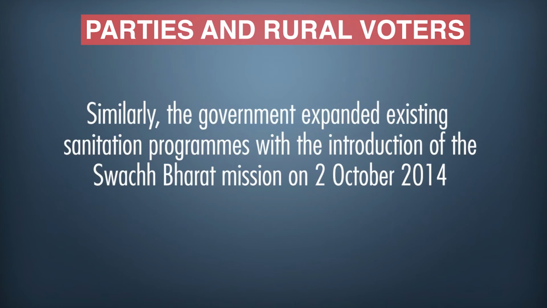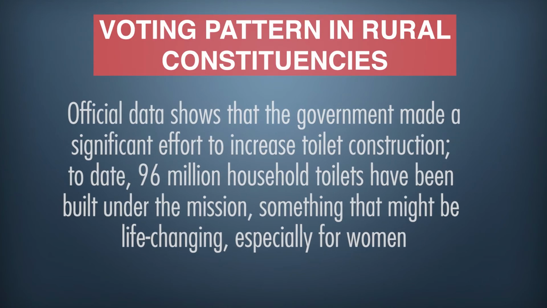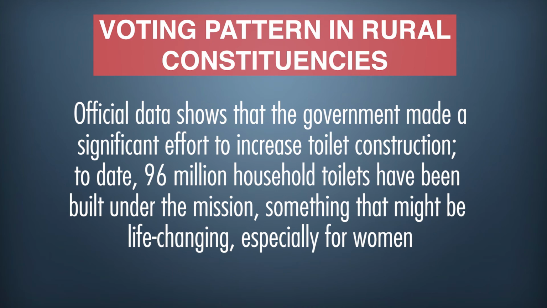The government also expanded the existing sanitation programs with the introduction of the Swachh Bharat Mission on 2nd October 2014. Official data shows that the government made a significant effort to increase toilet construction. To date, 96 million household toilets have been built under the mission, which is considered to be life-changing, especially for women.